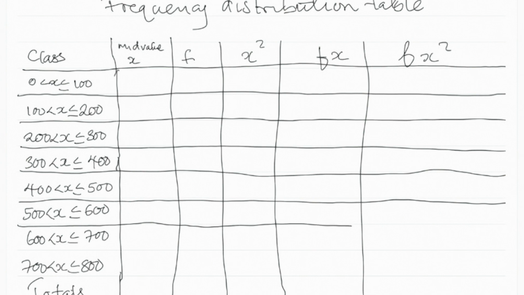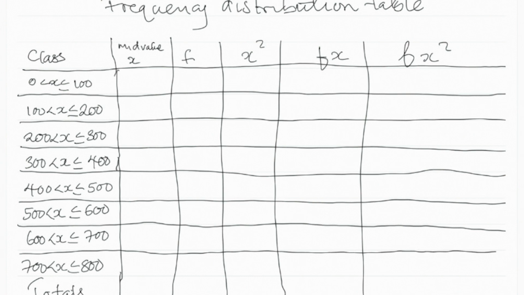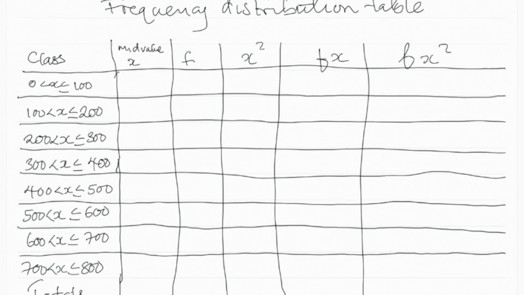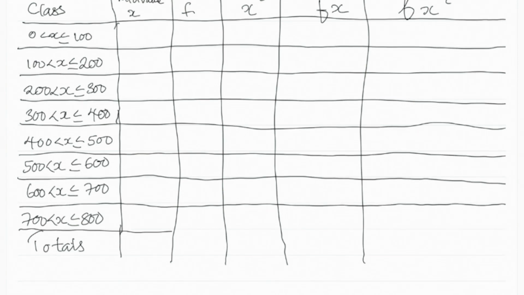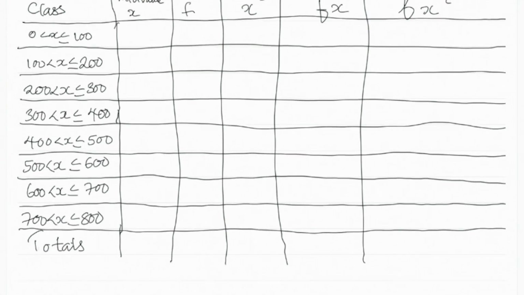You're supposed to use a pencil and a ruler to draw this frequency table. Please bear with me, these are straight lines. And the totals. I want you to follow nicely so that you don't lose track.